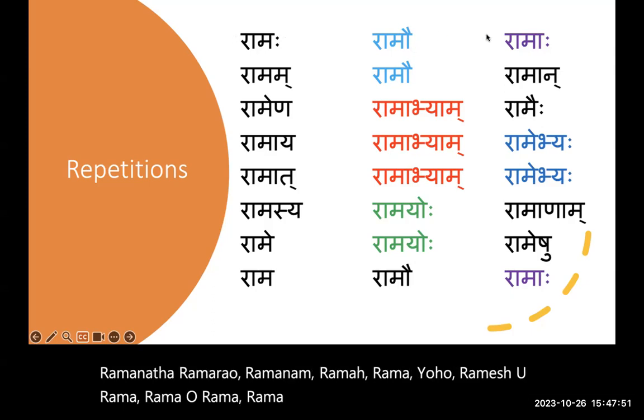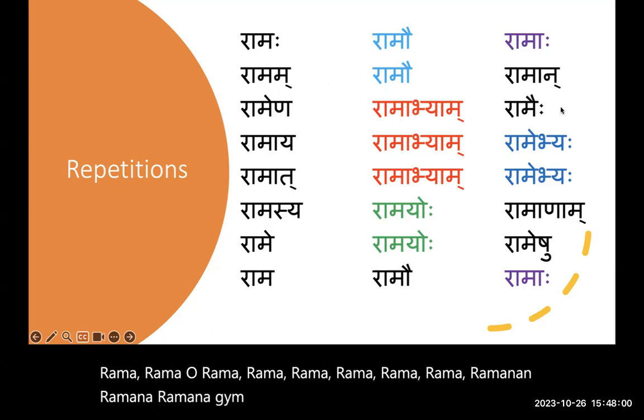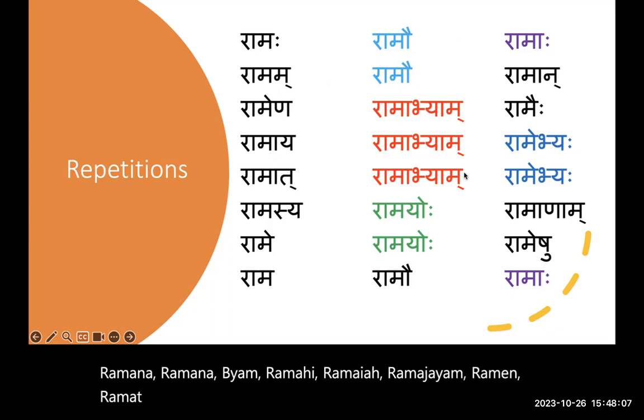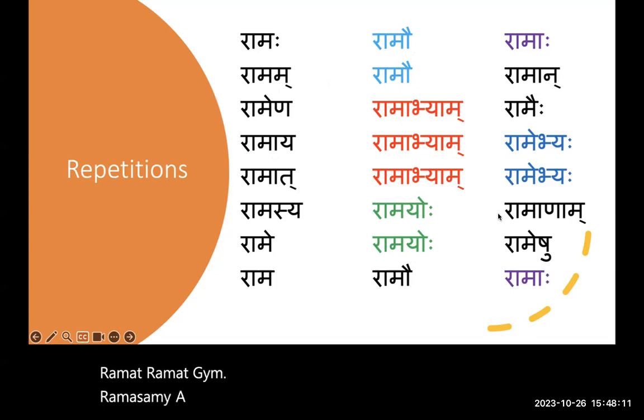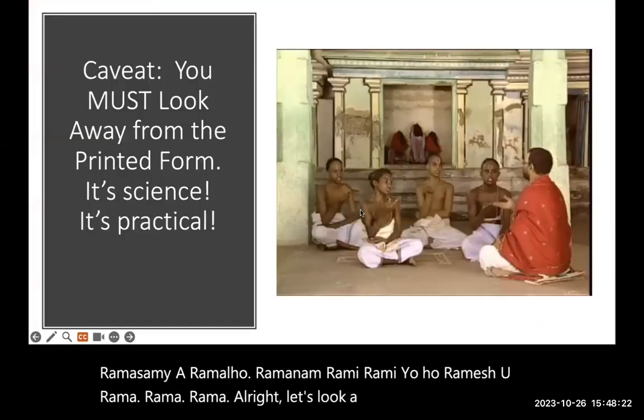Ramaha, Ramo, Ramaha, Raman, Ramo, Ramana, Ramena, Ramabhyam, Ramahi, Ramaya, Ramabhyam, Ramebhyaha, Ramat, Ramabhyam, Ramebhyaha, Ramasya, Ramayoho, Ramanam, Rame, Ramayoho, Rameshu, Rama, Ramo, Ramaha. All right, let's look a little bit closer here.